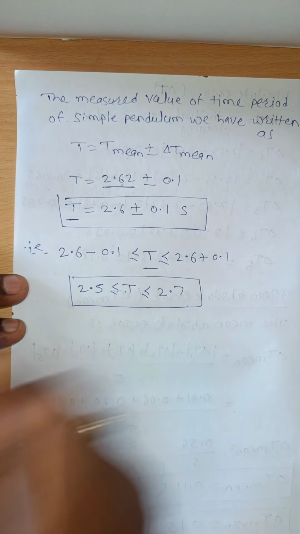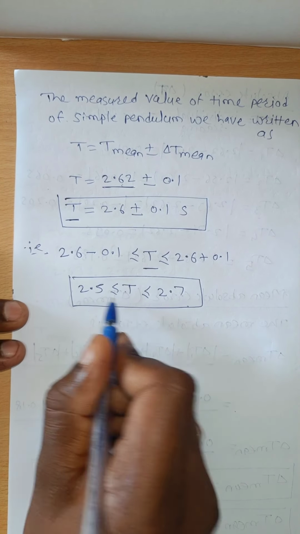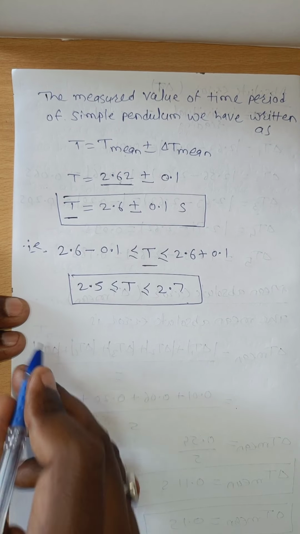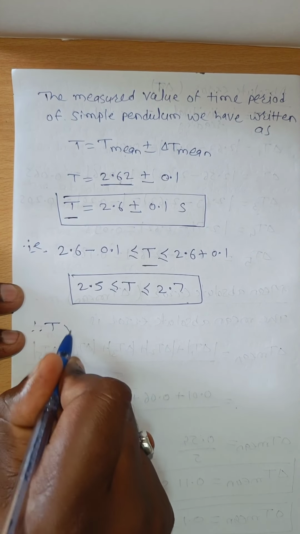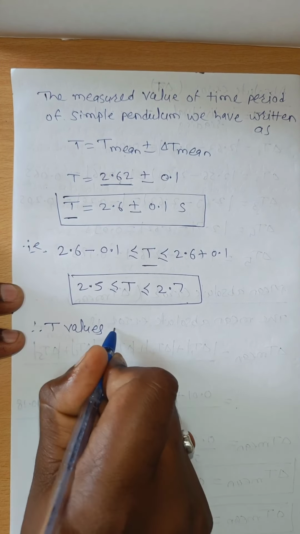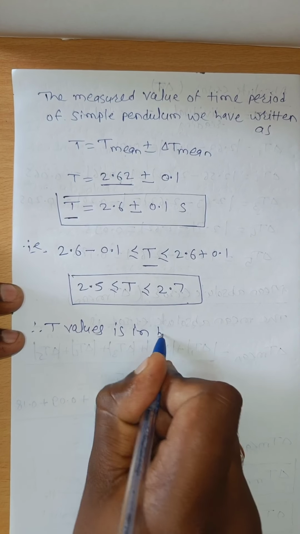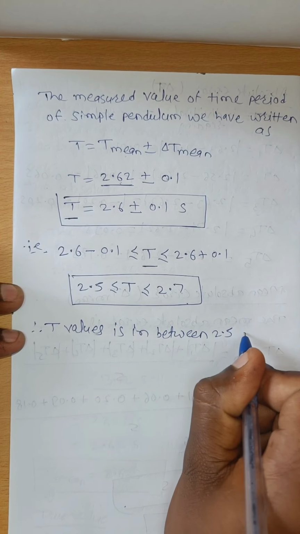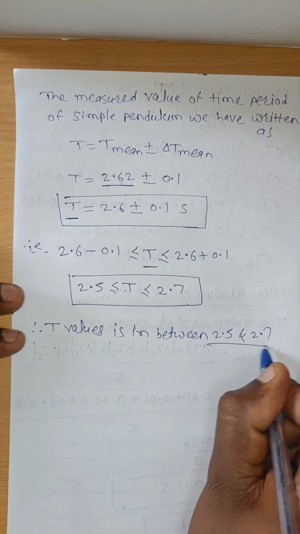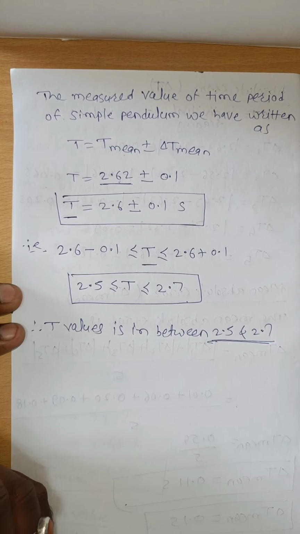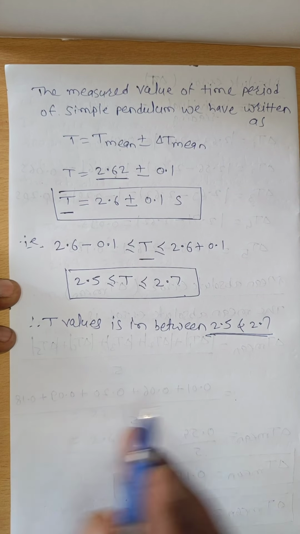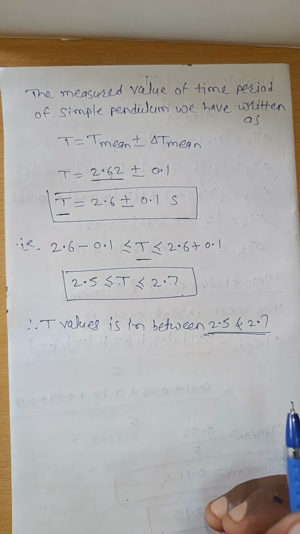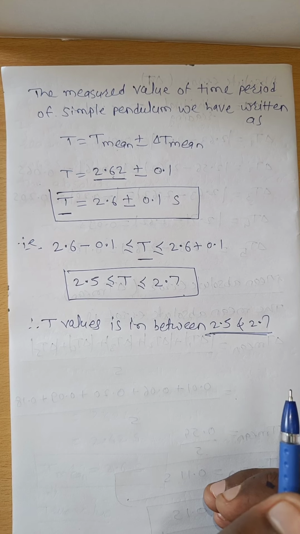Therefore, the t value is in between 2.5 and 2.7, meaning the time period of a simple pendulum lies between 2.5 and 2.7.